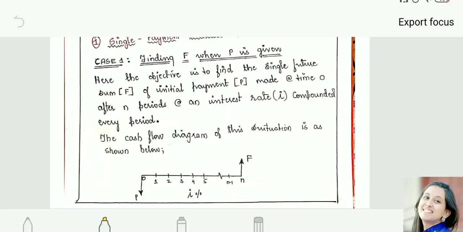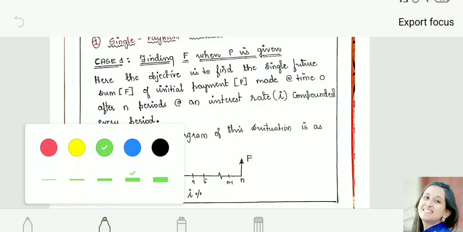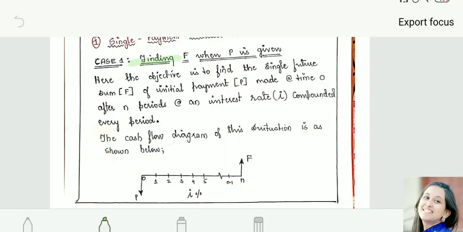In this you are able to see the first one, finding the future worth when the present amount is given. What do you mean by finding the future worth when the present amount is given? Any idea?